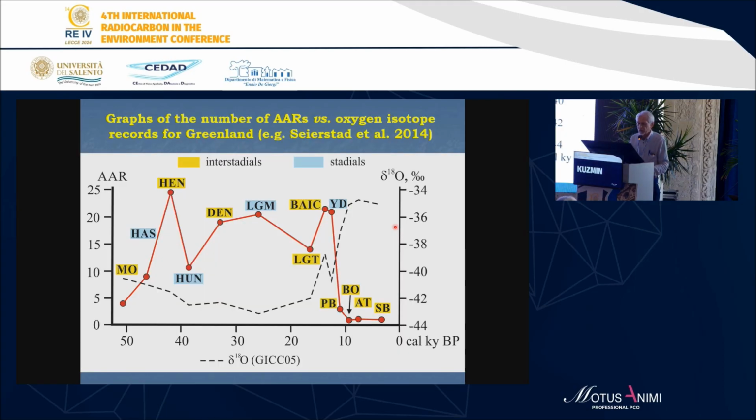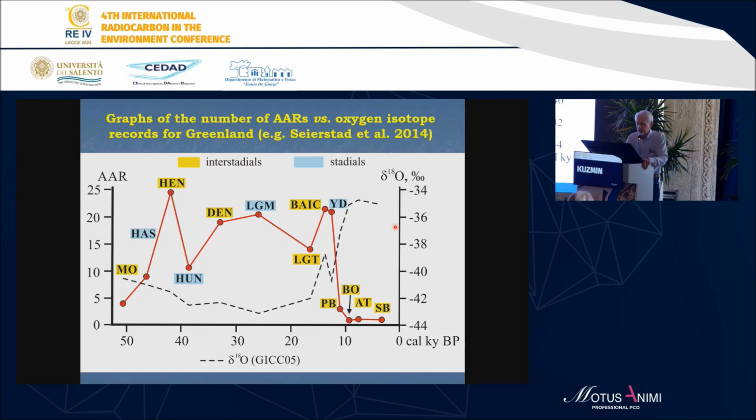So here, the yellow are interstadials, warmer, like Moershoofd, Hengelo, Denekamp, Bølling-Allerød, the last glacial transition after the LGM, and then, of course, the early Holocene. And the blue ones are stadials, like the last glacial maximum, Younger Dryas, and a few others, established using mostly palynological data.